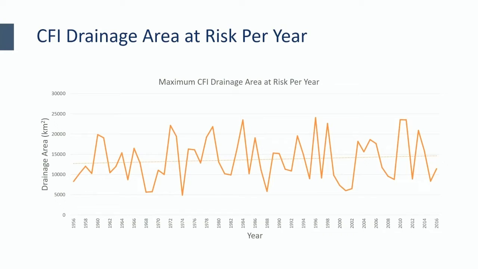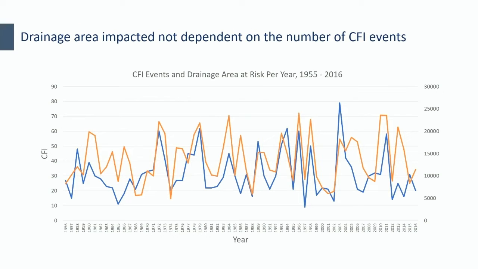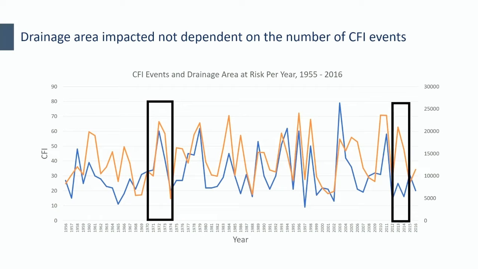But now, when we look at the two time series together, as I mentioned before, yes, you can have a large number of these CFI events and then have a large area potentially exposed, but you can also have a smaller number of these simultaneous events occurring and still have a large area at risk. So just know that the number of CFI events does not translate directly into area exposed, and it can vary greatly.